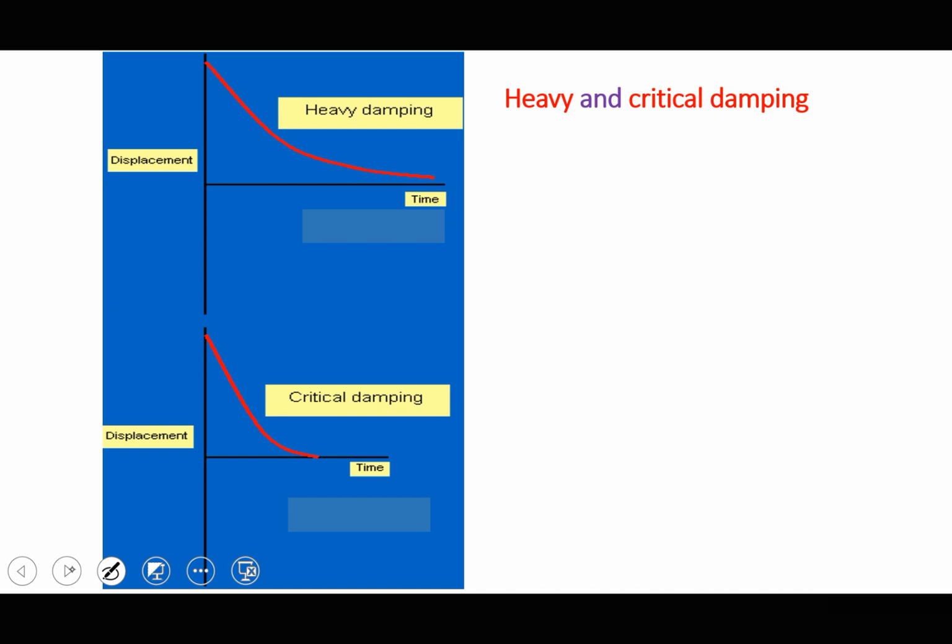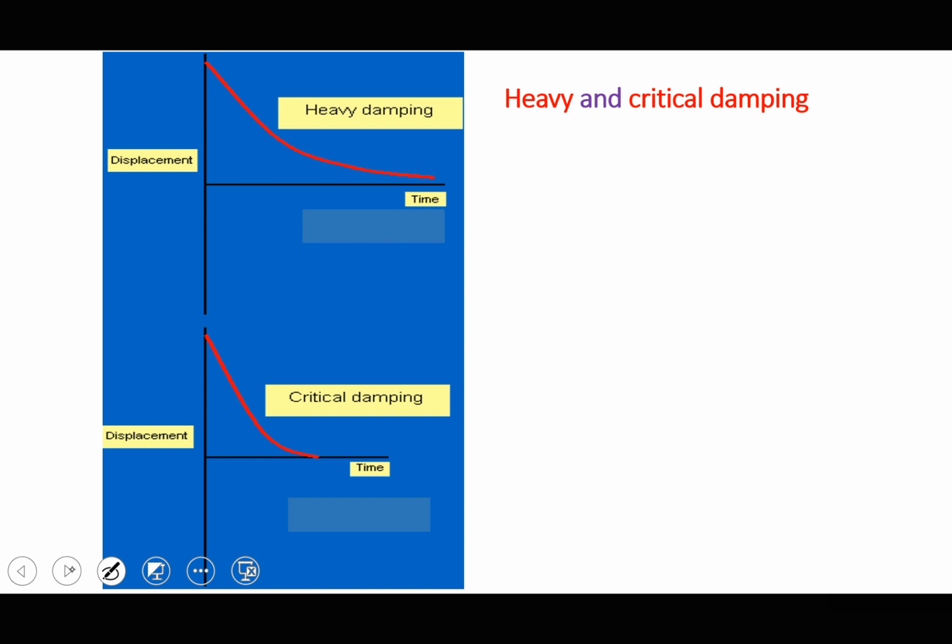So what is special about these other two types of damping? Unlike light damping where oscillations continue, for heavy damping and critical damping there are no oscillations.